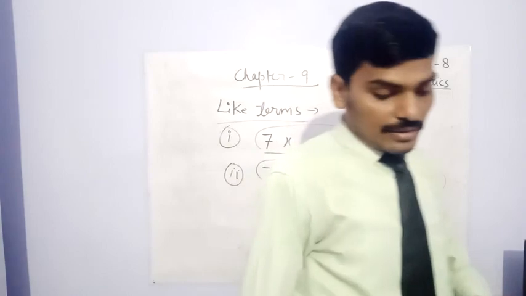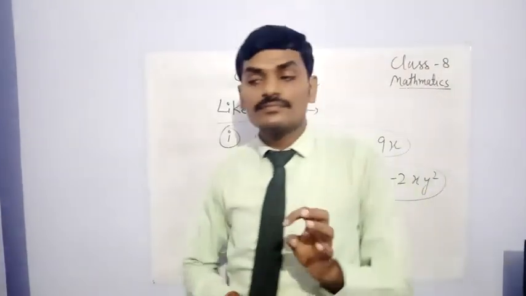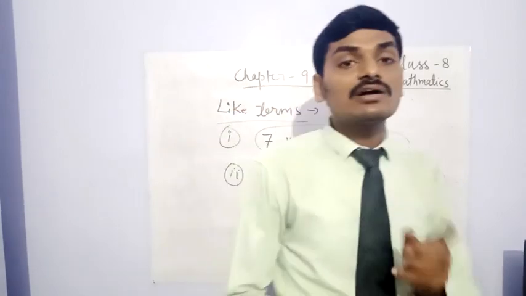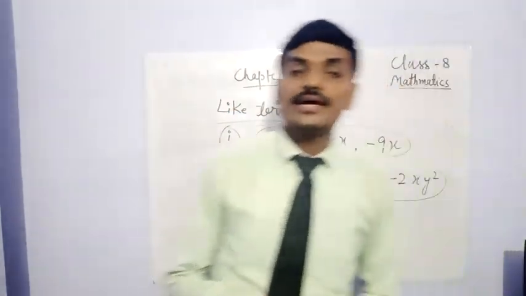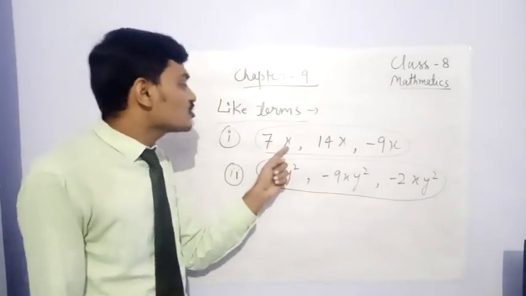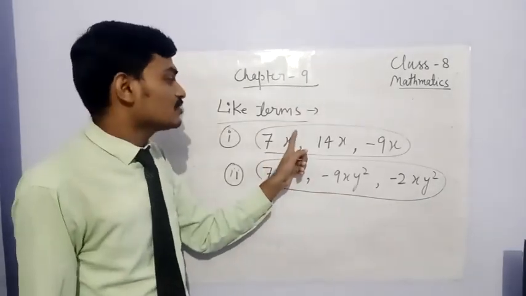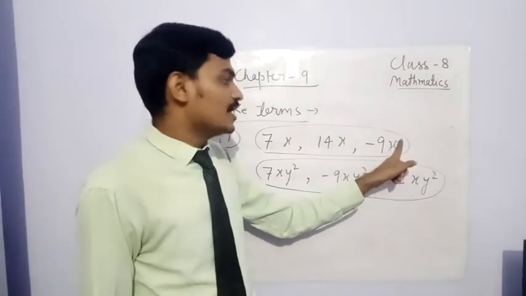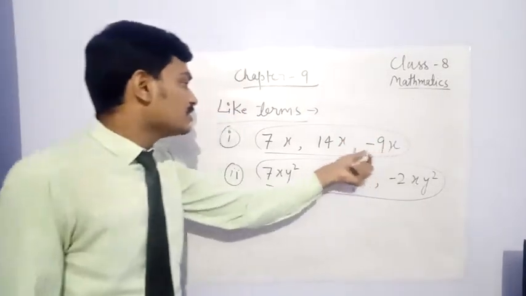So like terms, if terms have base and power the same, then we can say that these all are the like terms. In the first case base is x and power is 1 in all three, so these all are the like terms.